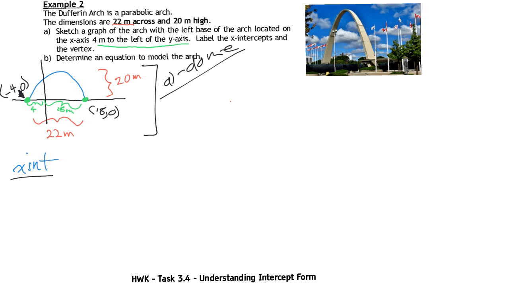If I look at these points, the x-intercepts are whatever the x value is on the x-axis. In this case, my first x-intercept is x equals -4. And my second x-intercept is on the rightmost portion of my graph, and that is when x is 18.